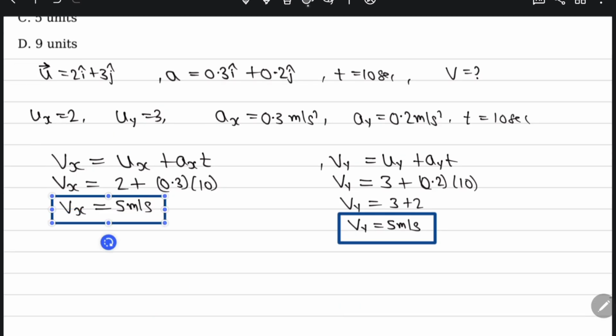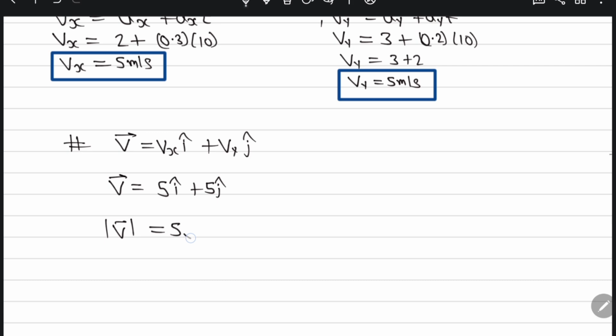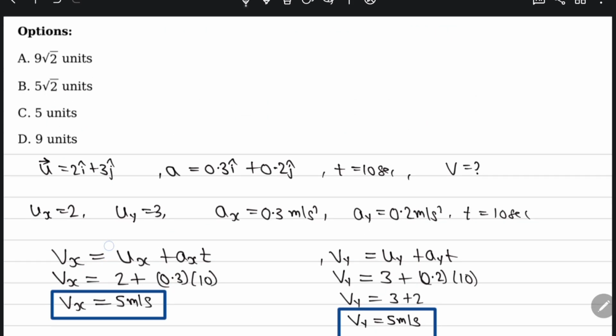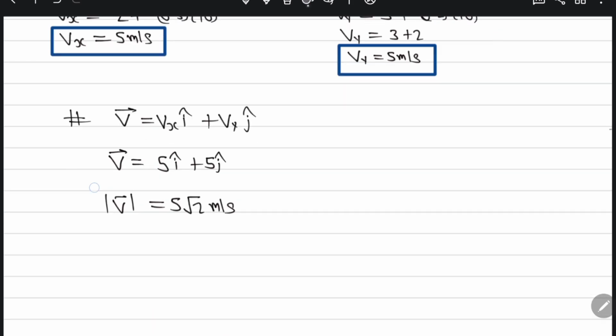The velocity vector is Vx i cap plus Vy j cap, so it is 5 i cap plus 5 j cap, and we have to find the magnitude. This comes out to be 5 root 2 meter per second. Option B is correct.